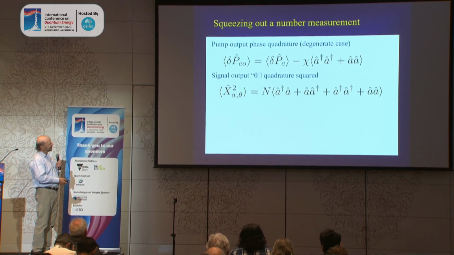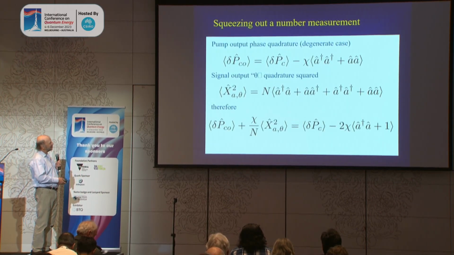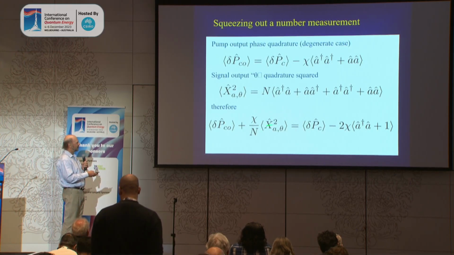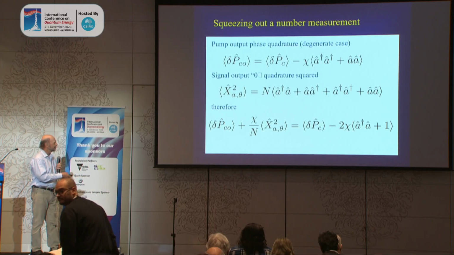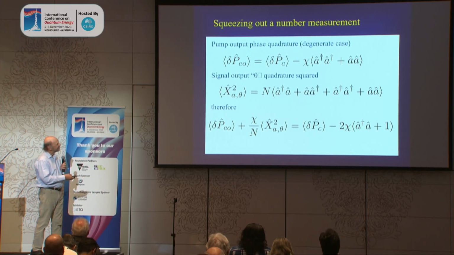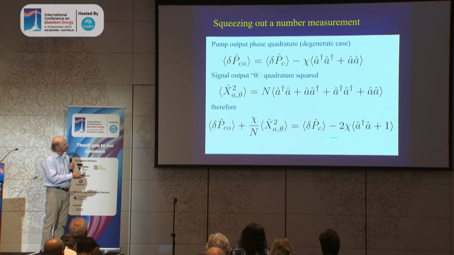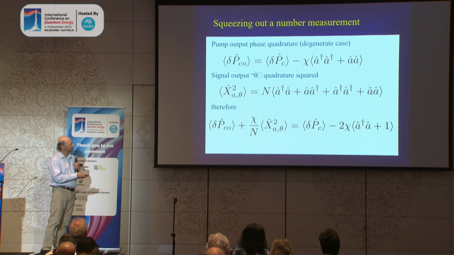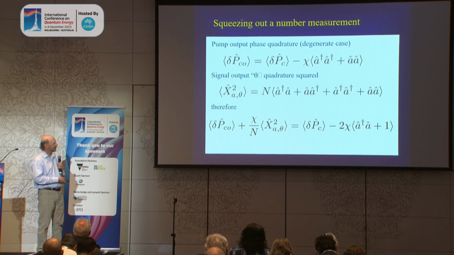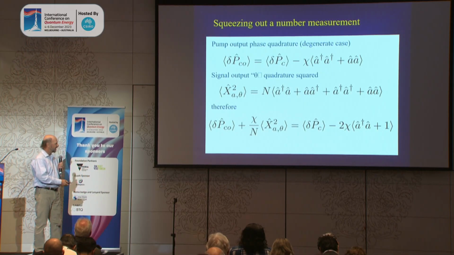So the interesting thing is that if you now do a correlation between these, so we take our phase fluctuations that we've measured and the square of our quadrature of the signal, scaled, and add them together, then the correlation signal now has the photon number of the input displacing the phase.